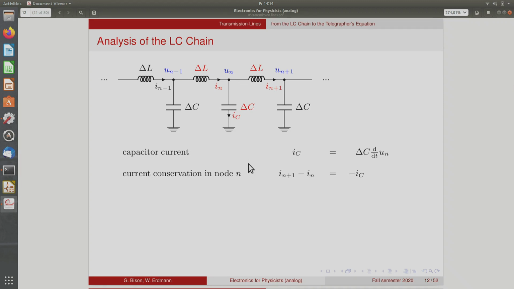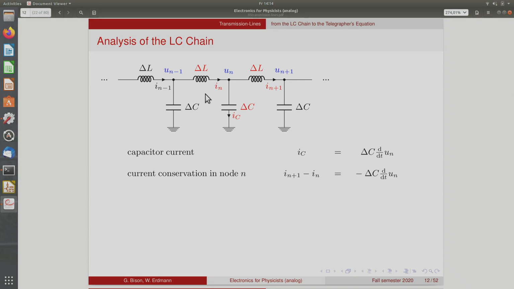So this is the Kirchhoff equation that we need. Then we can already replace the capacitor current by this equation. So we have the difference between the currents in the two nodes is minus delta C times the time derivative of the voltage at this point.